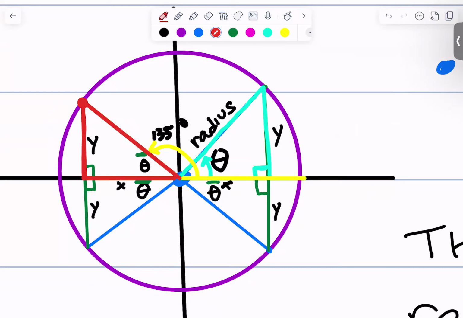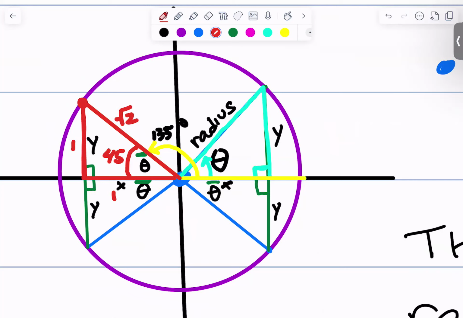Okay. So if that's 135 degrees, the yellow angle, what is this angle here? 45. And we know those trig ratios, right? It's going to be 1, 1, square root of 2. So we can get the six trig functions here, right?